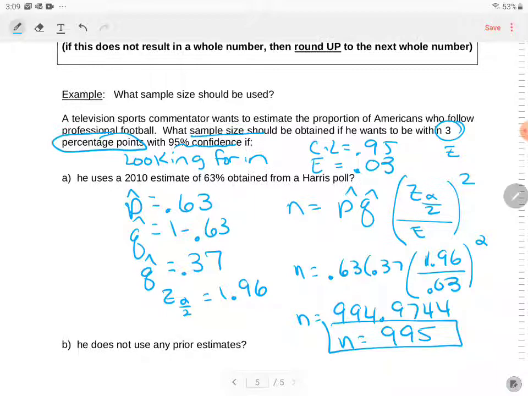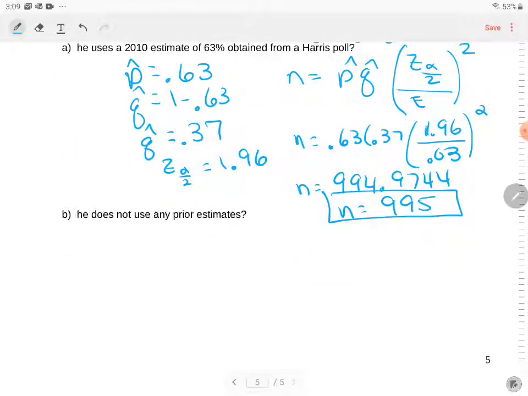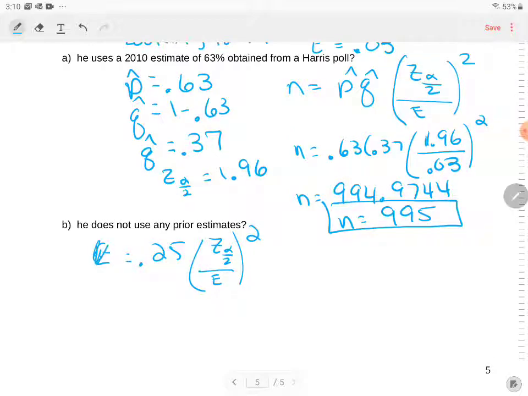Now if he chooses not to use any prior estimates, that formula is N is equal to 0.25 times z alpha over 2 divided by E, quantity squared. So we have the formula, N is equal to 0.25 times 1.96 divided by 0.03 quantity squared.